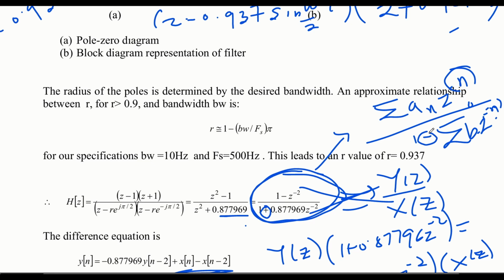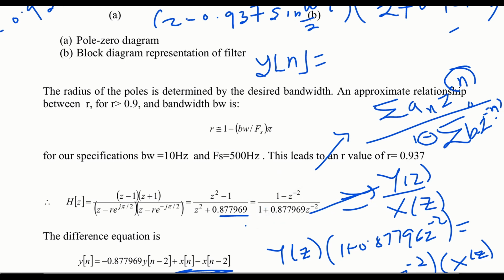So your equation can just be y of n, right? Because it's on the left hand side, that's what starts y of n. And when you watch this equation carefully, you realize that you have positive 0.877, but it's at the denominator and it's a type of b.